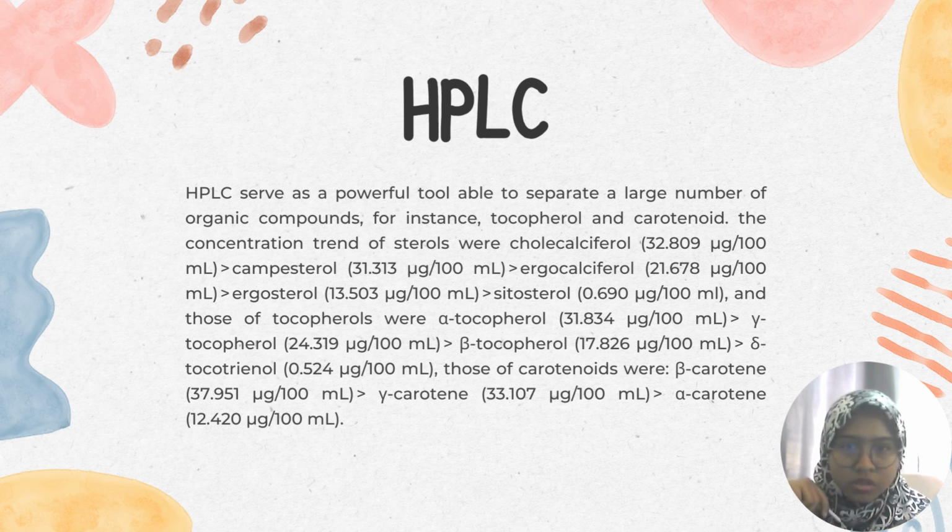The sterols in terms of concentration were cholecalciferol, campesterol, ergocalciferol, ergosterol, and sitosterol. And the tocopherols were alpha tocopherol, gamma tocopherol, beta tocopherol, and delta tocotrienol. And for carotenoid, there were beta carotene, gamma carotene, and alpha carotene.